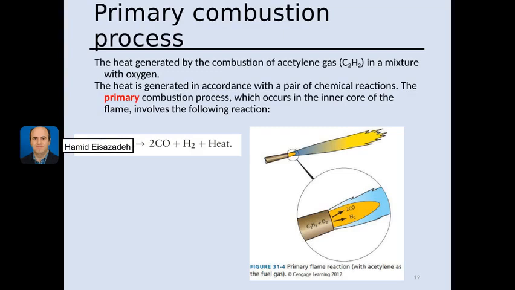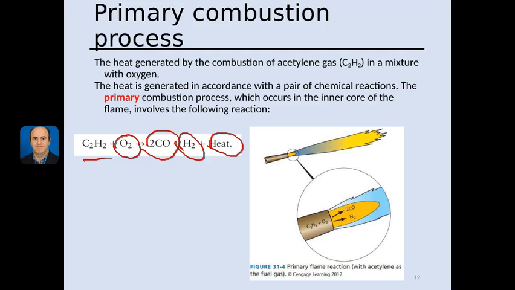In oxy-fuel welding, if we use acetylene, we have two reactions, two combustion processes. So in the first chemical reaction, we have acetylene that is going to be reacted by oxygen. It generates carbon monoxide plus hydrogen and heat.